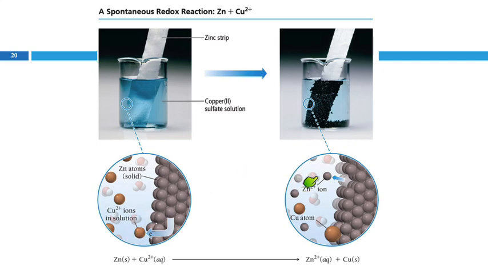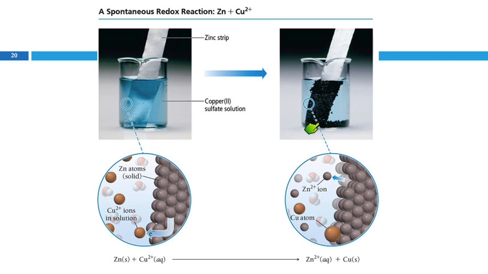So that causes the zinc atoms to become ions, which then are soluble and float away. The copper atoms are not soluble, and so where they got the electron, they're just going to kind of sit there and stick there. And so what we see here is there's a noticeable decrease in the blue color because we've taken a lot of the copper 2 ions out of the solution.